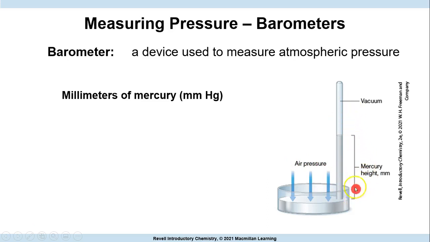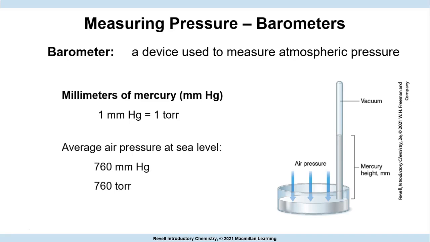And the height of this mercury is in millimeters. So the pressure is measured in millimeters of mercury. Okay. Now, 1 millimeter of mercury is also equivalent to 1 torr. A torr is a unit of measuring pressure.